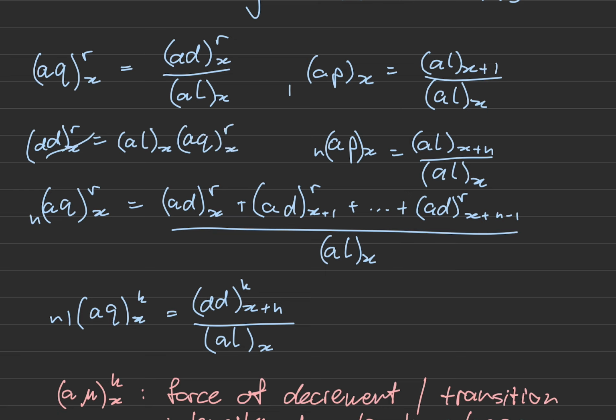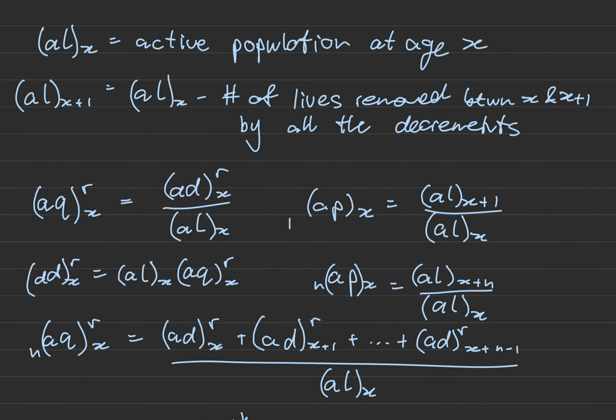It's that the number of people that are removed by the decrement R should be the total number of people that are in the active state times the probability of being removed by that decrement. So that makes sense to us. And then you also use this formula here to calculate the al x plus 1 in the next year.